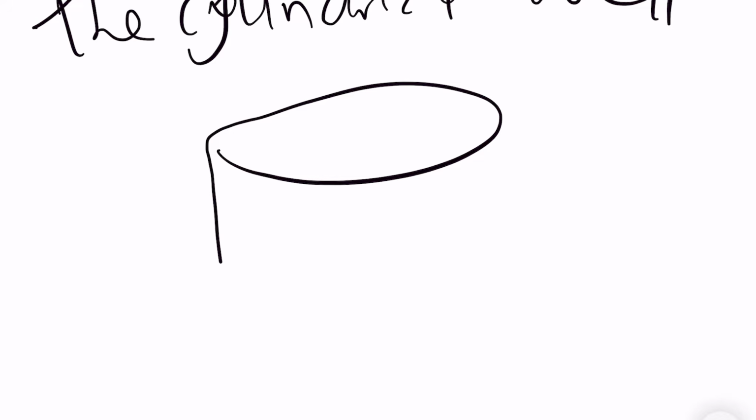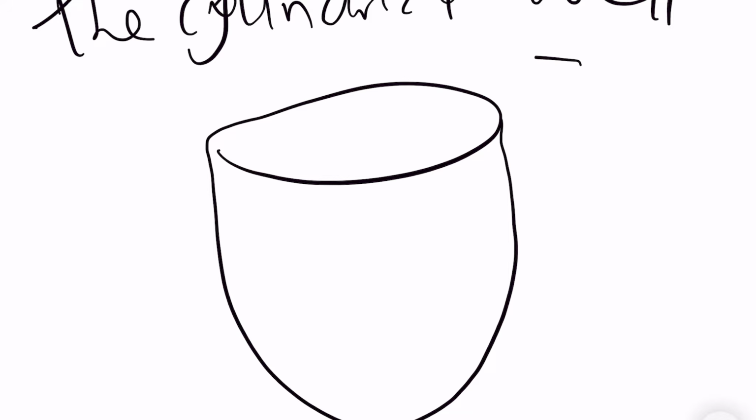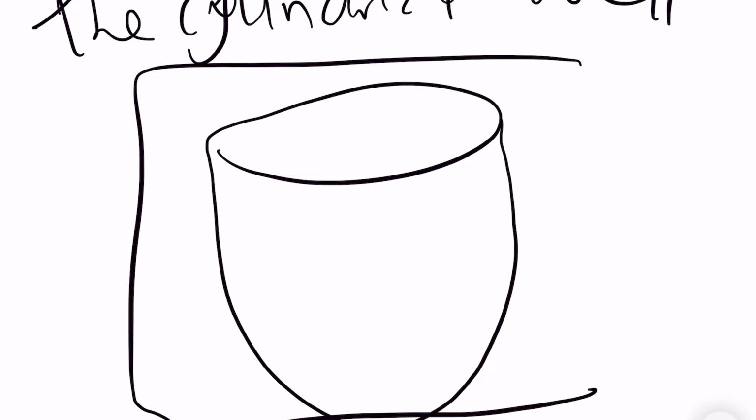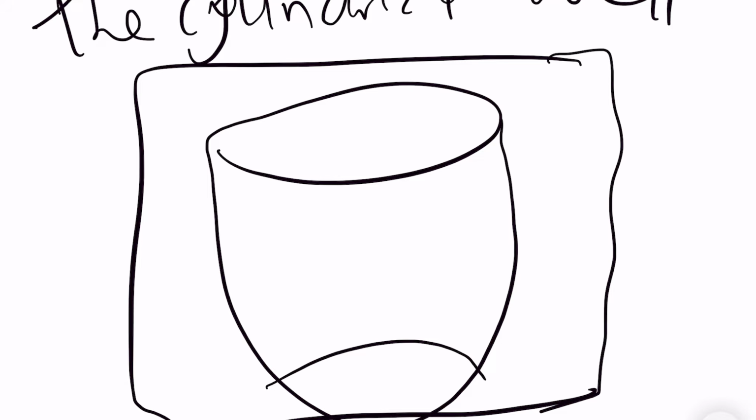Because when we have a well like this and we have a rectangle, this is exactly how the shape of the well is. We have the rectangle and we also have the well which is cylindrical in nature.